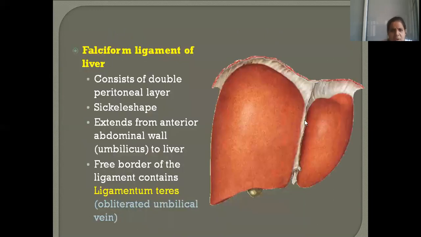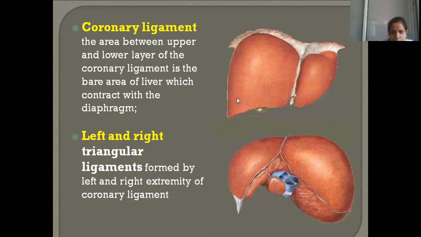So this is falciform ligament, which is a double layered peritoneal layer, sickle in shape, extending from the umbilicus to the liver, and actually it has started as ligamentum teres, which is nothing but obliterated umbilical vein. Coronary ligament is the one which is seen below the diaphragm, the area between the upper and lower layer.